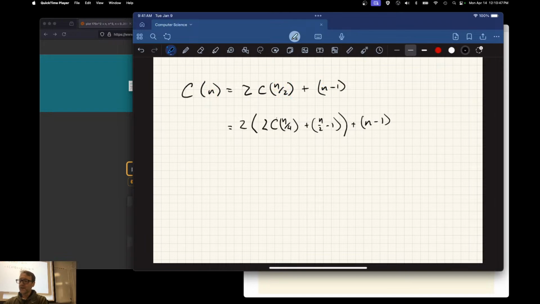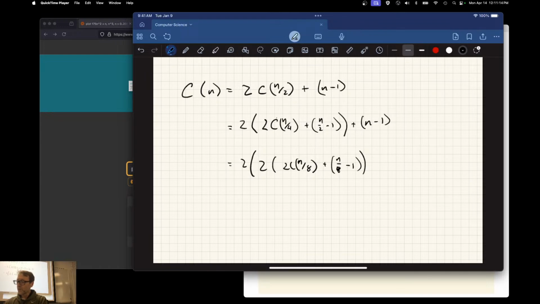So what does that end up being? 2 times C sub... Now I've already lost it. I lost my 2, right? There we go. 2 C n divided by 8, plus n divided by 4 minus 1.